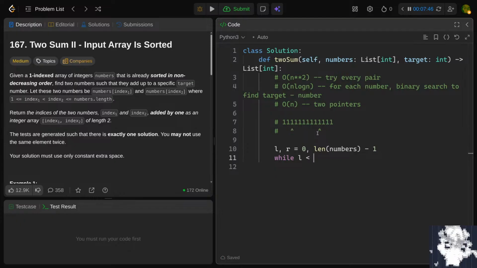So while L is less than len of numbers, but I have to stop if the right side goes below 0 also, because if either pointer gets to the end, then there's not going to be any more answers. So this should be and. Only while both are valid. This could be equal to 0.